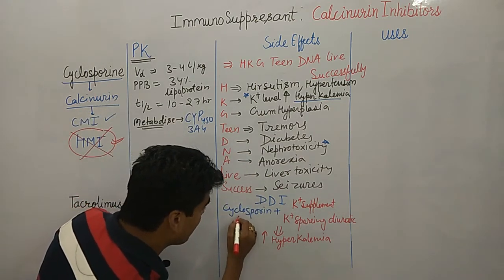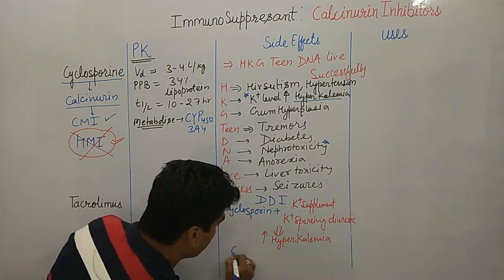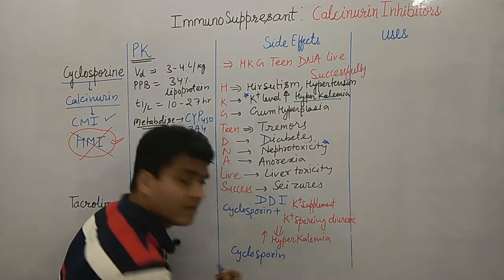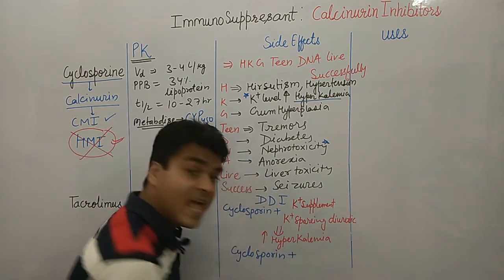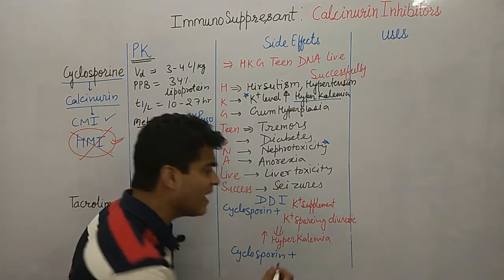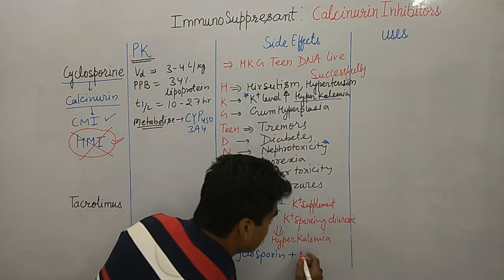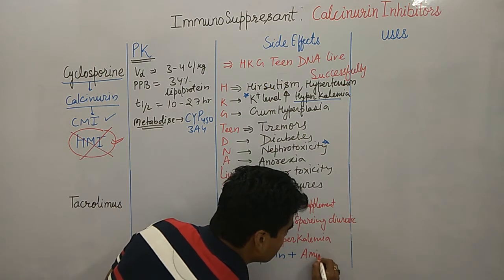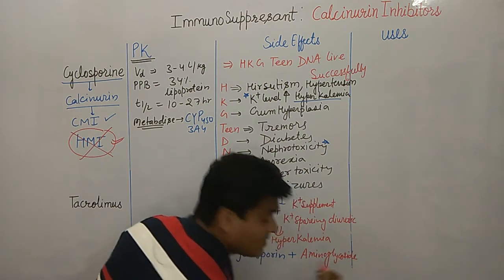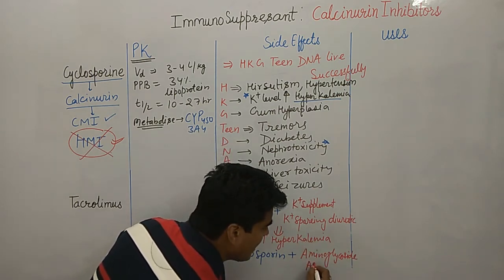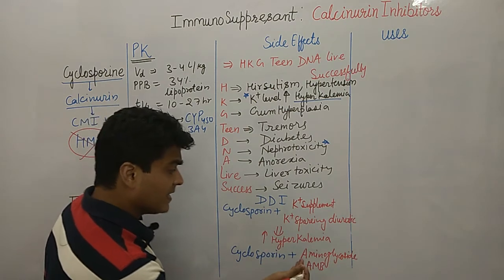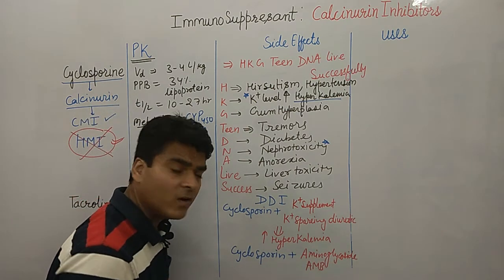The other interaction is if we are giving cyclosporin with nephrotoxic drugs. Examples of nephrotoxic drugs are aminoglycosides as well as amphotericin B, and there are many drugs which can cause nephrotoxicity.